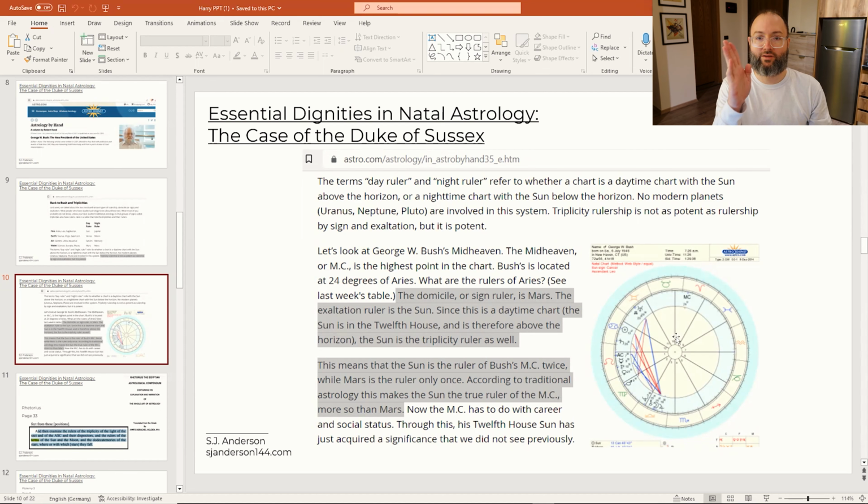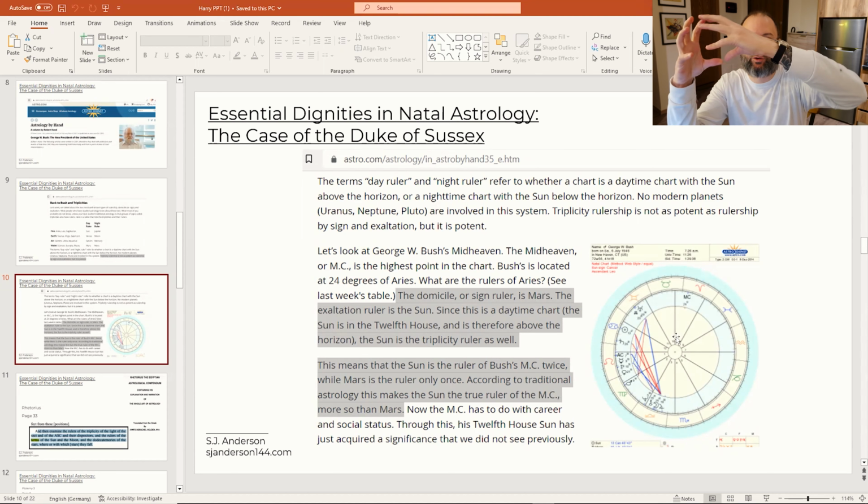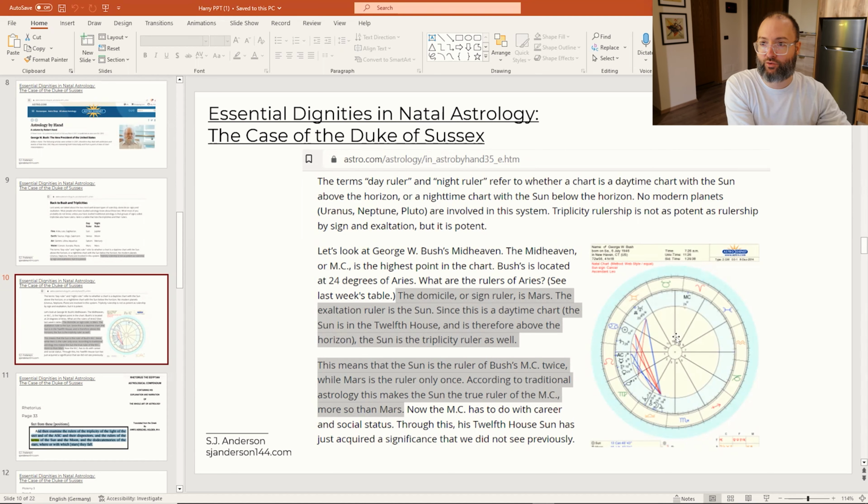And so when we look at that midheaven in Aries, we actually look at the sun as maybe the most powerful planet, because it's doubly ruled by Aries. The midheaven is doubly ruled by this powerful sun, by both triplicity and exaltation. And so maybe it has a huge connection to the themes of the midheaven and the themes of that house.